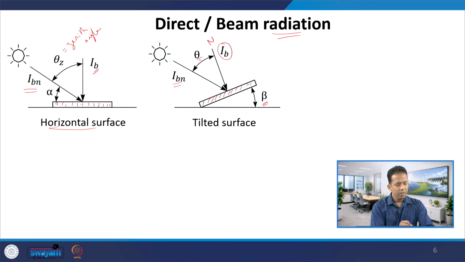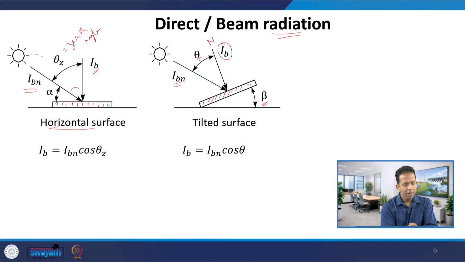Hence, for the horizontal surface, if we complete this right angle triangle, this is theta z. So cos theta z would be the adjacent side by the hypotenuse. Similarly, here it will be cos theta, because this is a right angle triangle and this is theta.